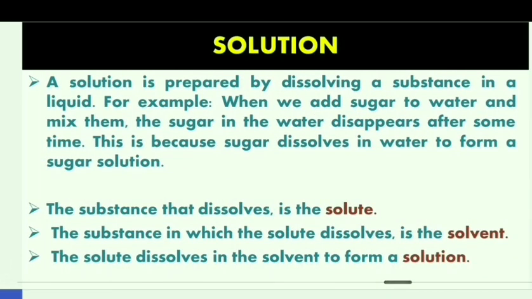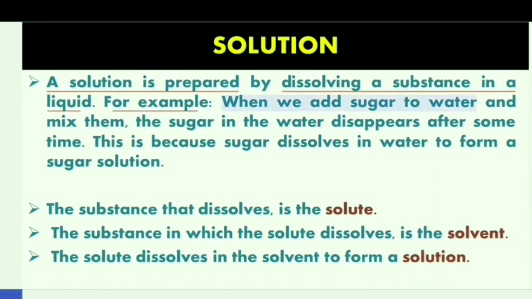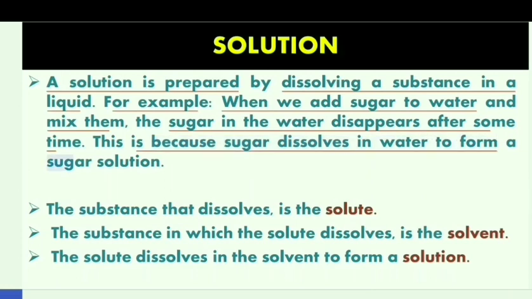Now we will study some important terms related to solution. A solution is prepared by dissolving a substance in a liquid. For example, when we add sugar to water and mix it, sugar in the water disappears after some time. This happens because sugar dissolves in water to form a sugar solution.